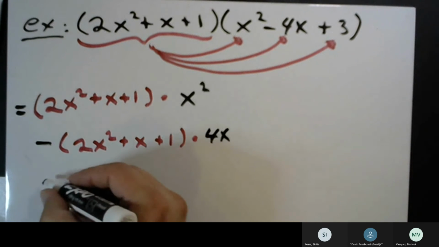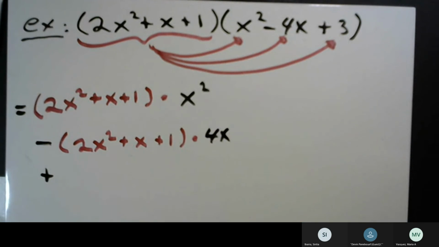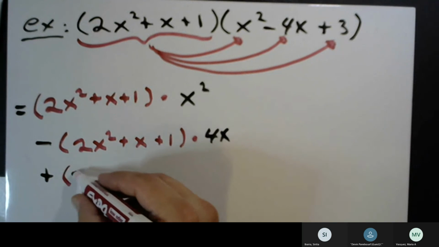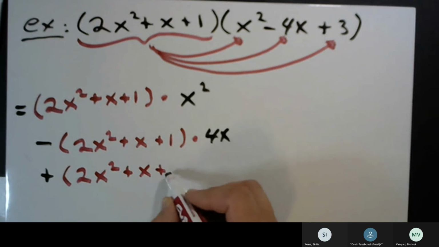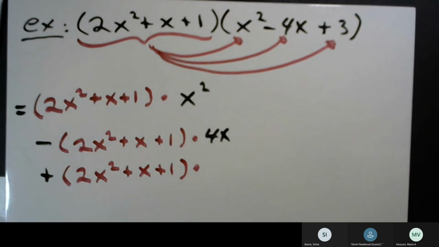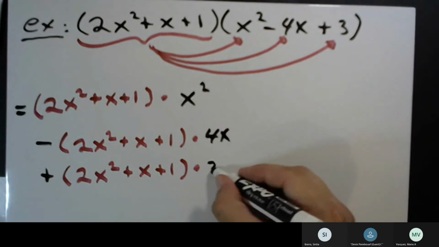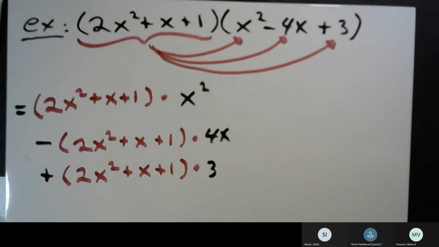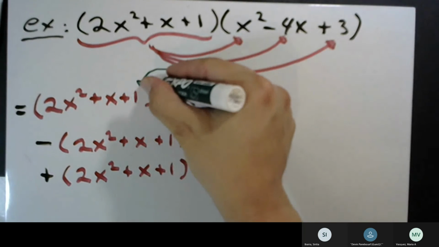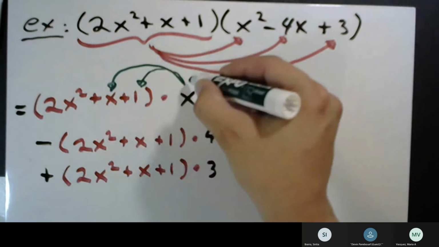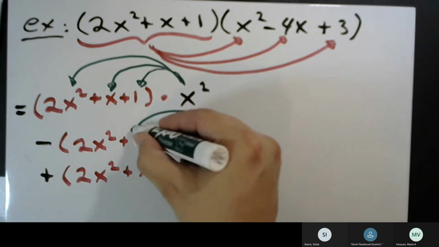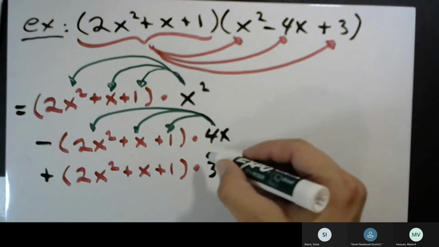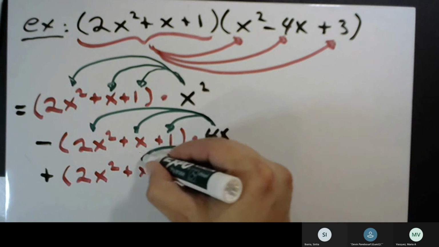Minus 4x times 2x squared plus x plus 1, plus 2x squared plus x plus 1 times 3. And so we'll distribute the x squared. We'll distribute the 4x. Distribute the 3.